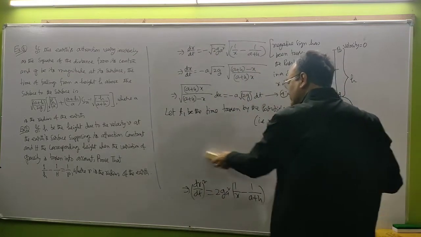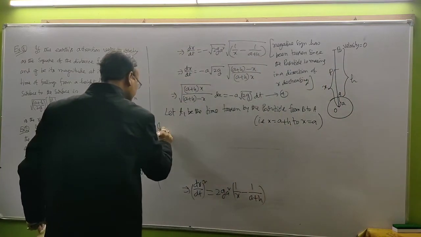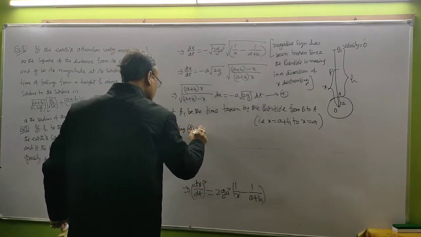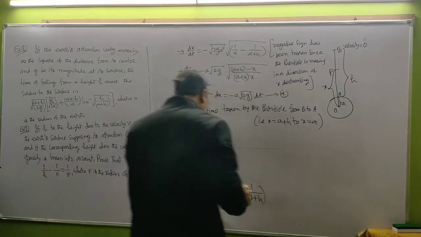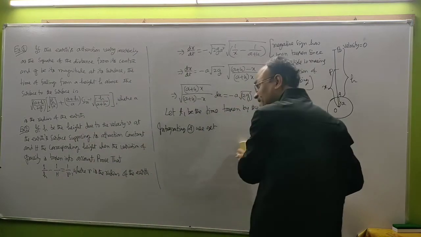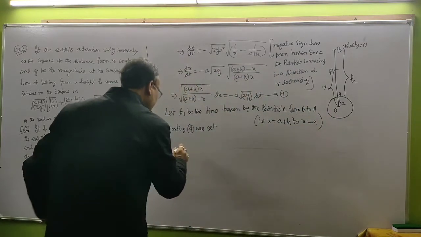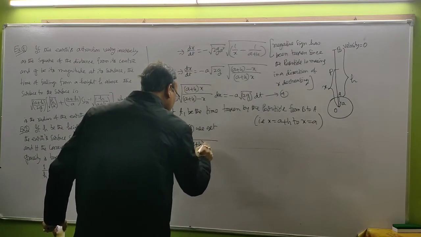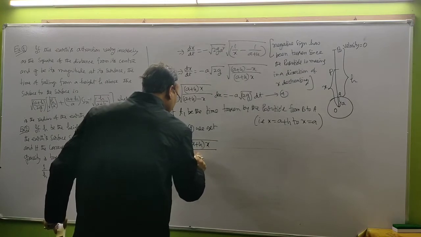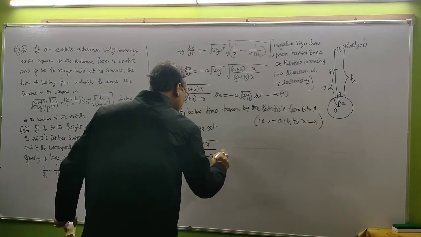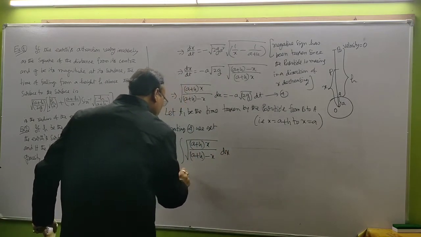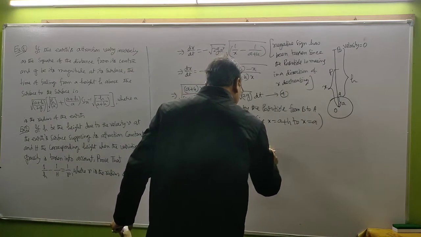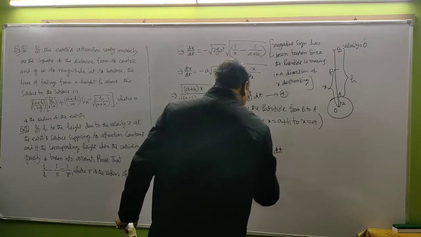Integrating 4 we will get the integration of root over a plus h minus x divided by x dx equal to the integral of minus a root over twice g dt.